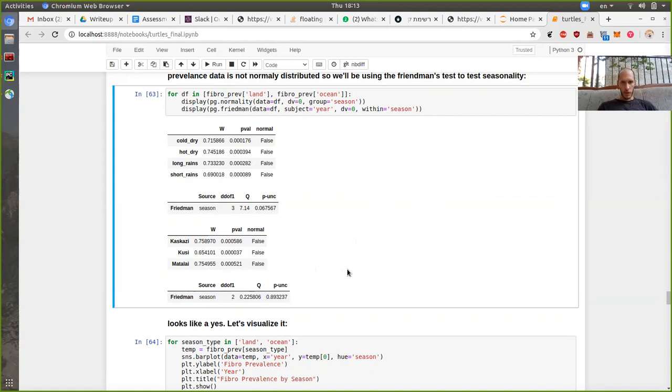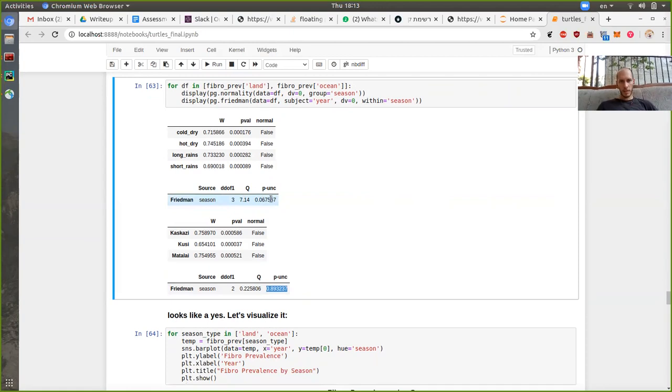We're getting a very high p-value. What does that mean? That there's no seasonality in Fibro according to these seasons. Okay, that's still a result. It's not a bad thing. It's still a result.